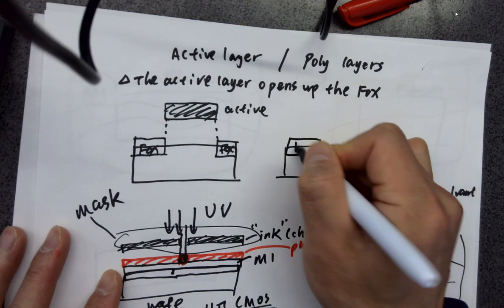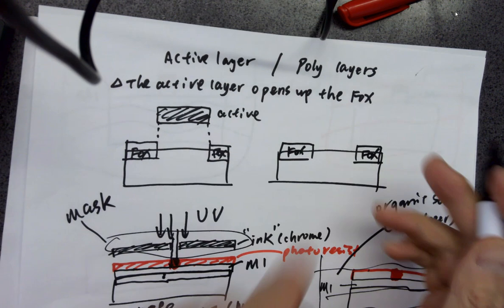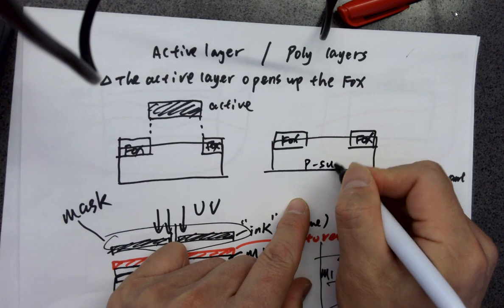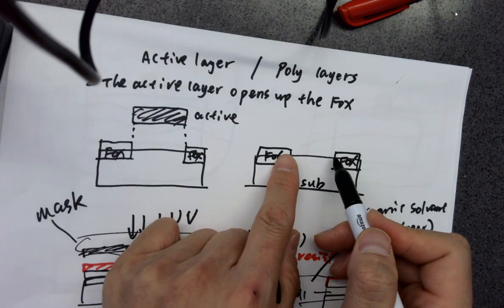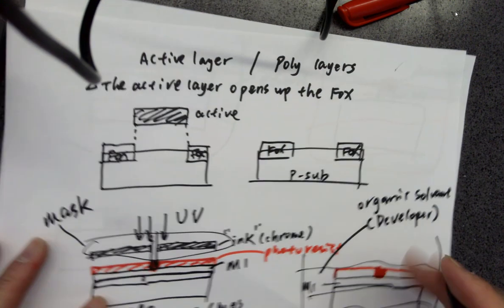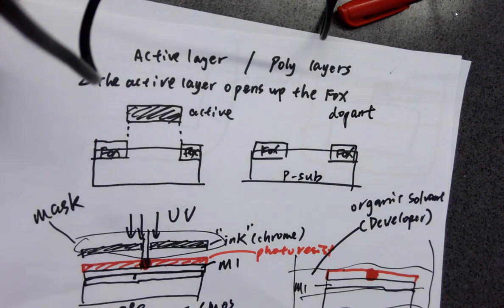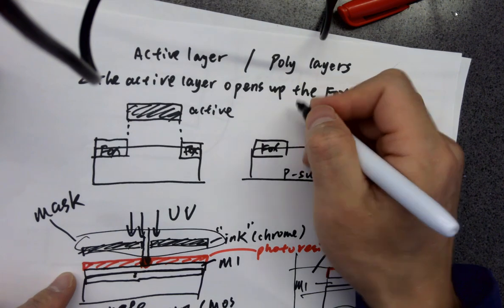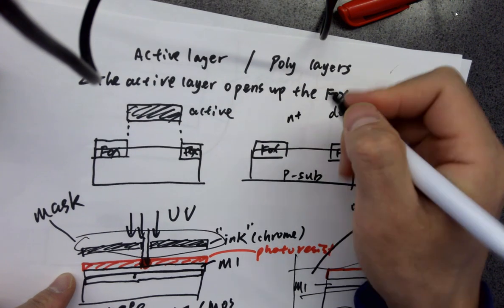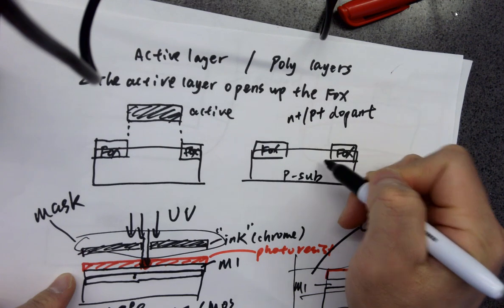So FOX, P sub. After this is opened up, you can apply the dopant in the vacuum, with high pressure, high temperature, or whatever conditions you need in the chamber. So the N-type or P-type materials will be able to diffuse into this substrate.